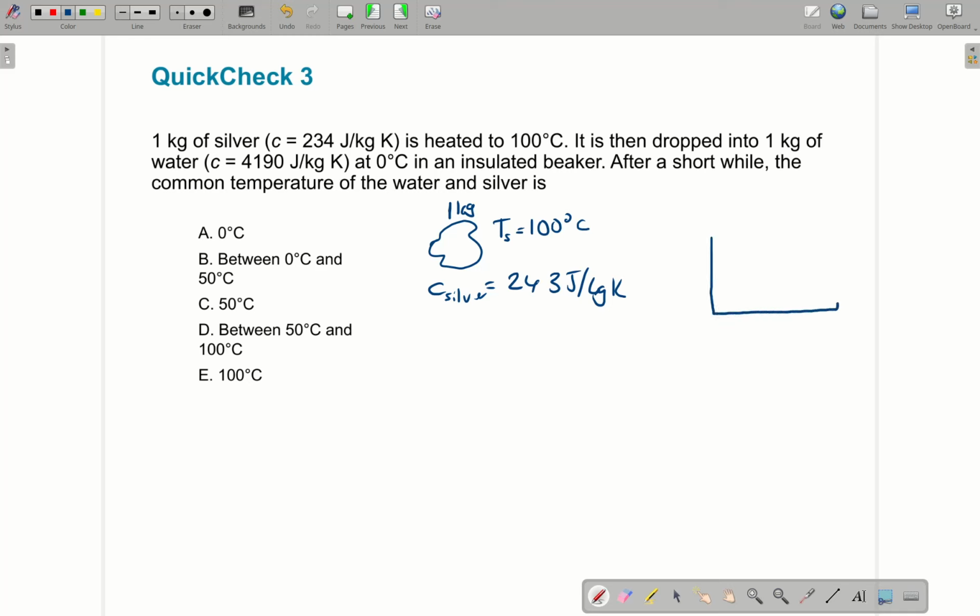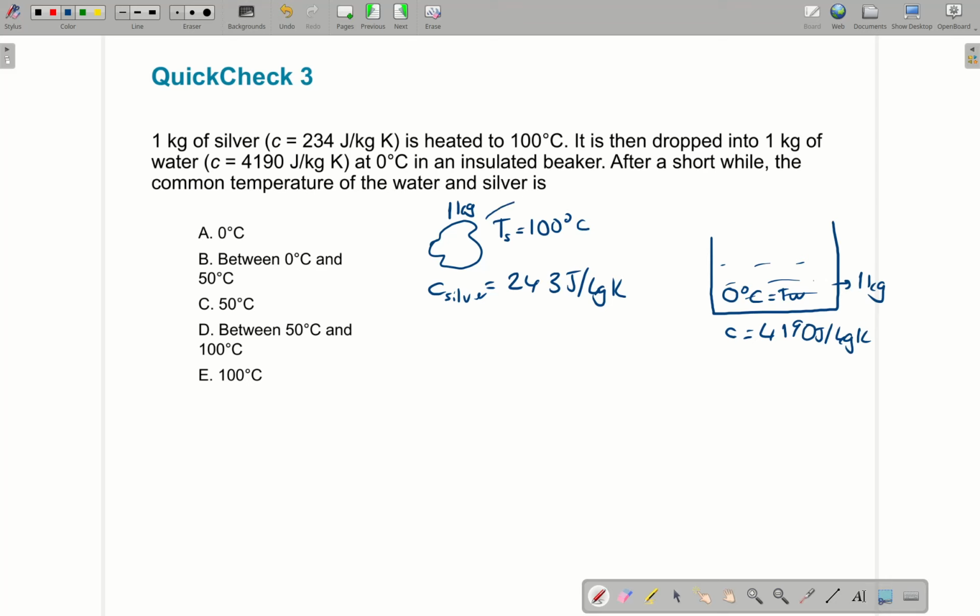And we have water, also 1 kilogram, in a beaker, and it is at 0 degrees Celsius. That's called T water. And the heat capacity of water is a lot larger than silver, 4,190 joules per kilogram Kelvin.